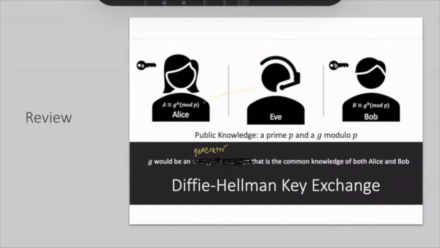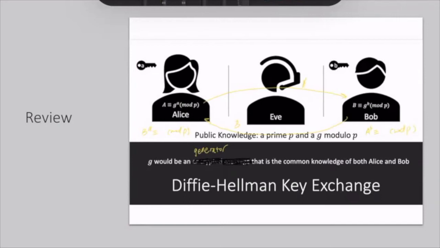So now Alice could compute uppercase B to the lowercase a, congruent to something mod P. And Bob will be able to compute uppercase A to the b, congruent to something mod P. And they should be equal to each other, because we're only doing G to the a to the b, or G to the b to the a, which means they're the same.